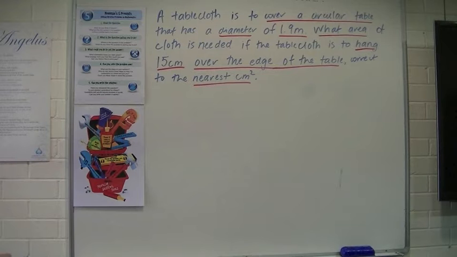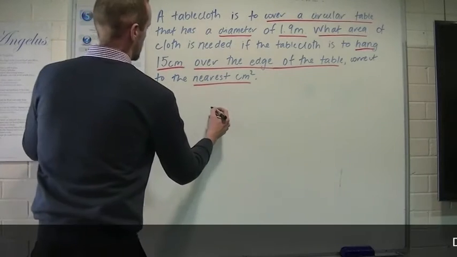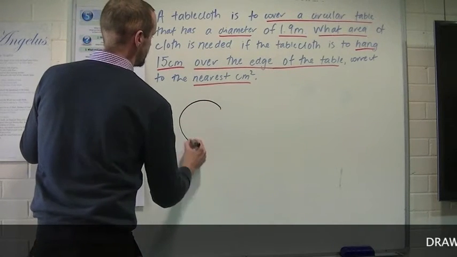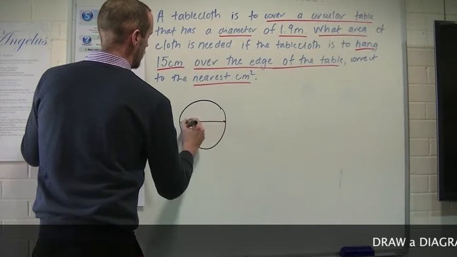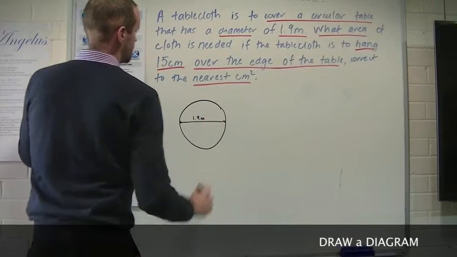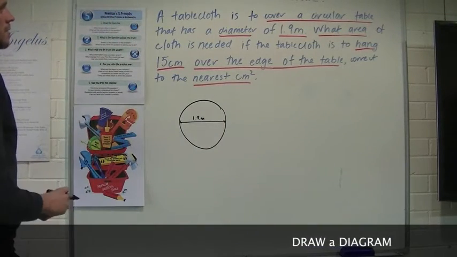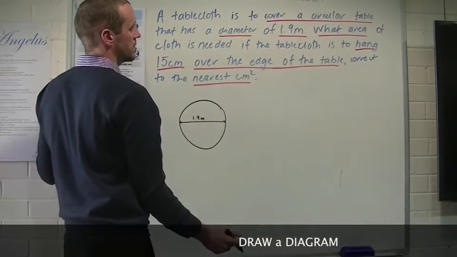So, using your toolbox, I think what I might do first is draw a diagram, and that will help me understand exactly what it is that I'm doing. So here we have our table with its diameter of 1.9 metres. We've also got this cloth, this extra 15 centimetres over the edge of the table as well.